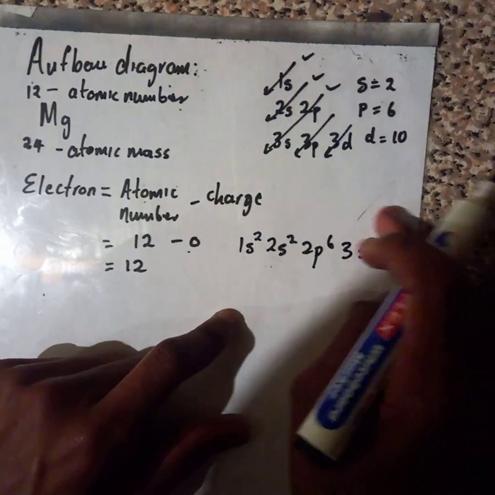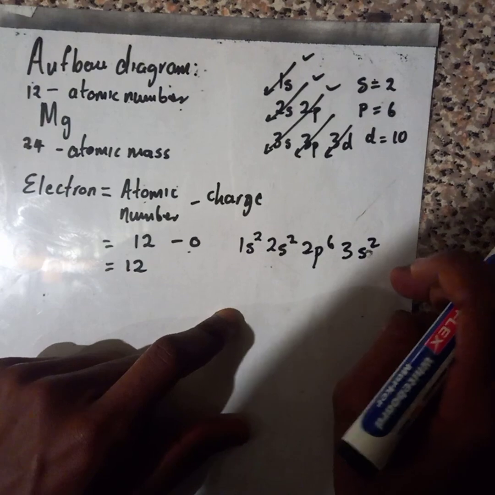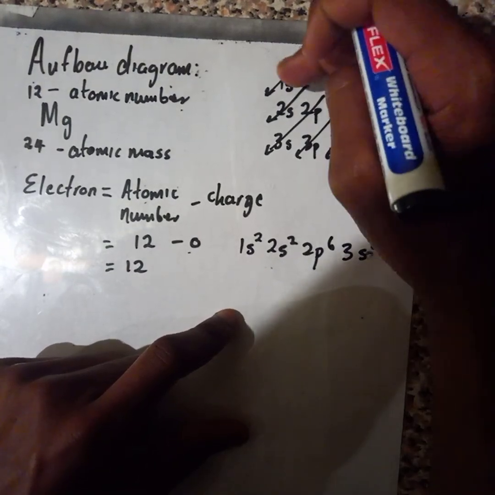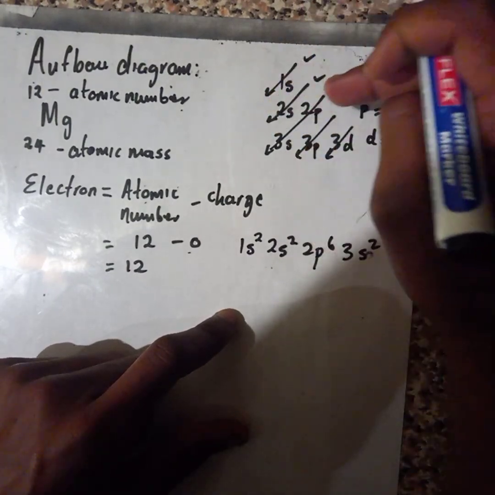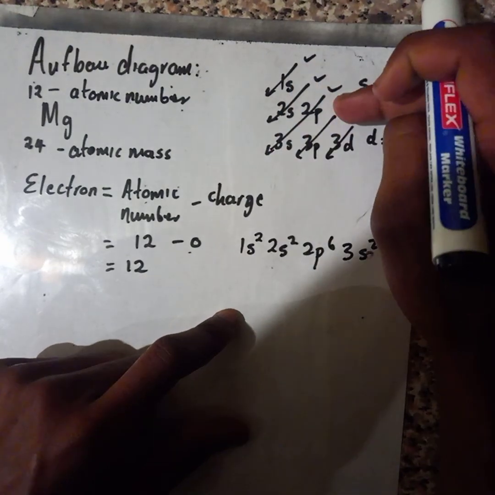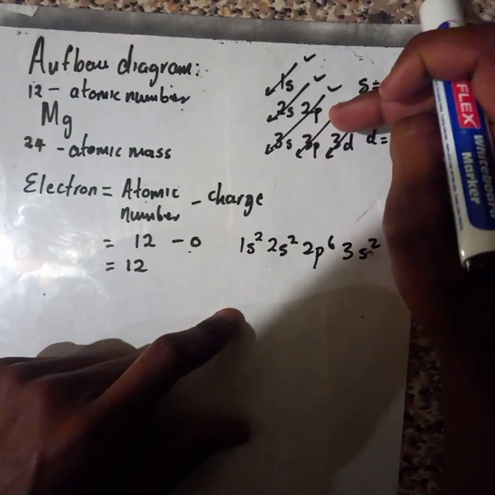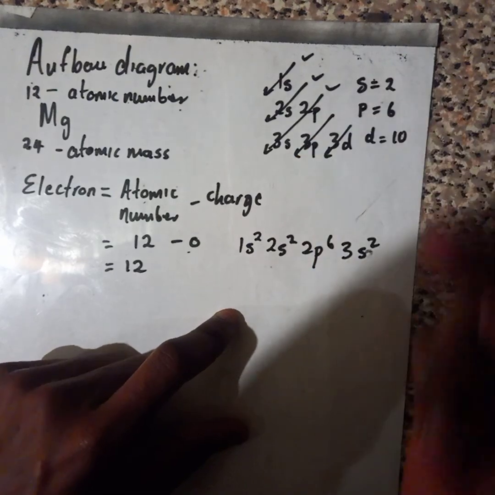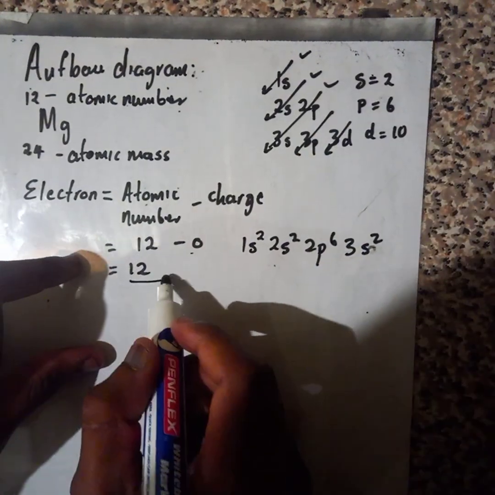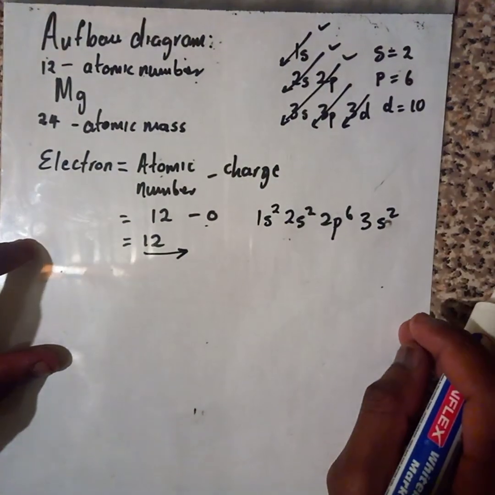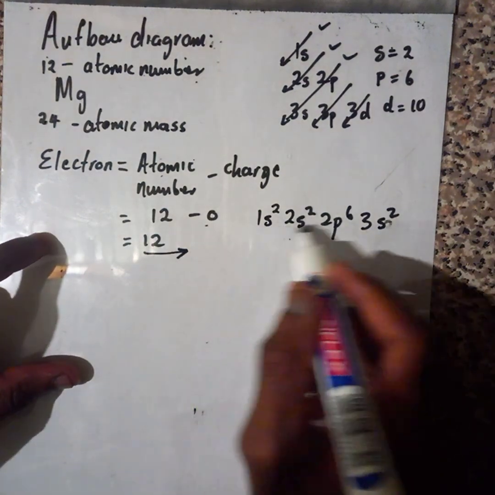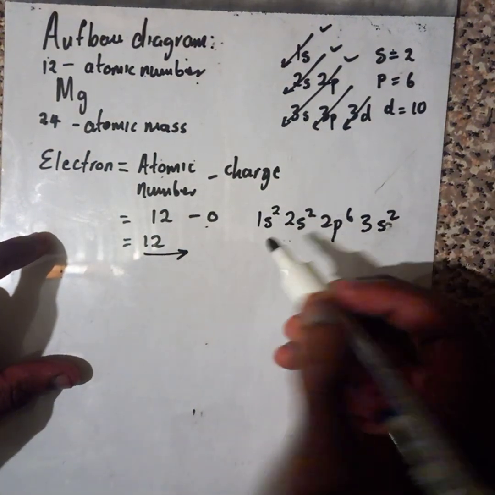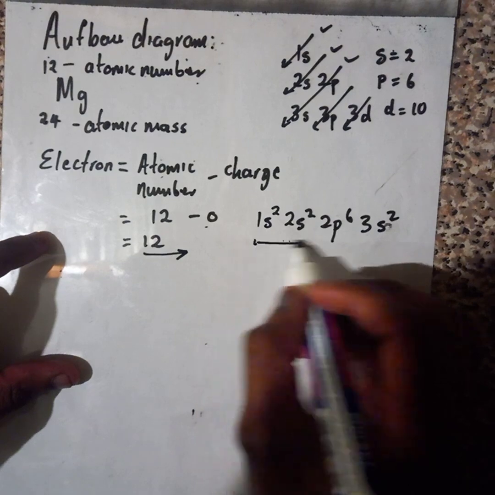This is a spectroscopic notation. We follow these arrows: 1s, 2s, 2p, 3s, like that. 3p, but we don't need 3p because we only have 12 electrons. Then this is a spectroscopic notation. Then the noble gas will be from here to here.